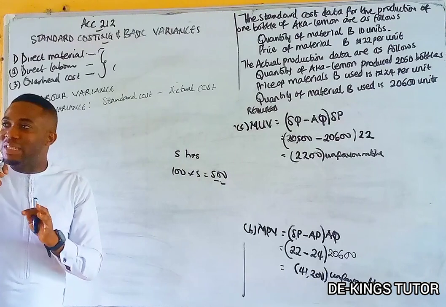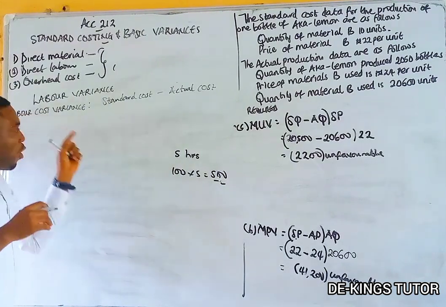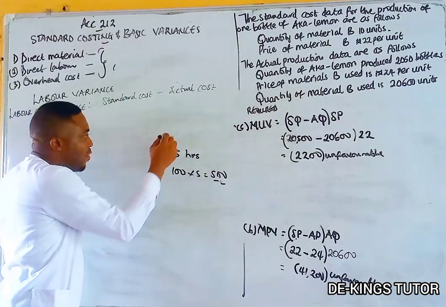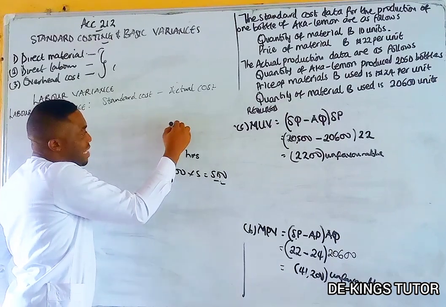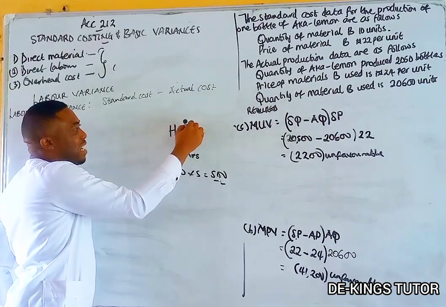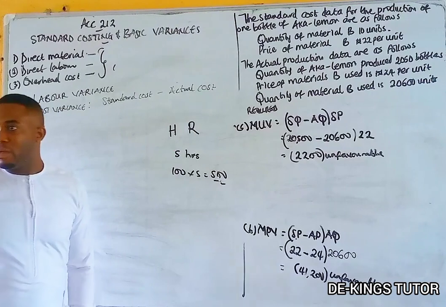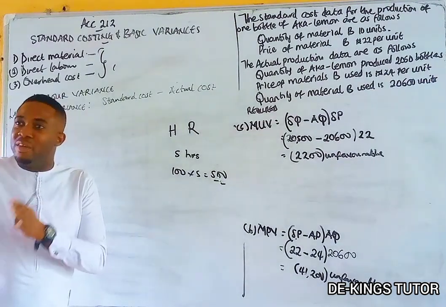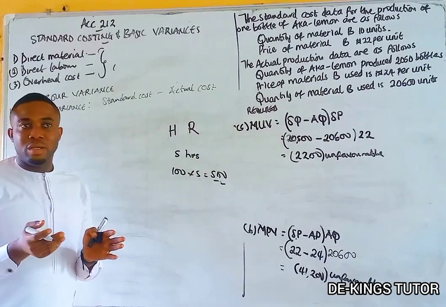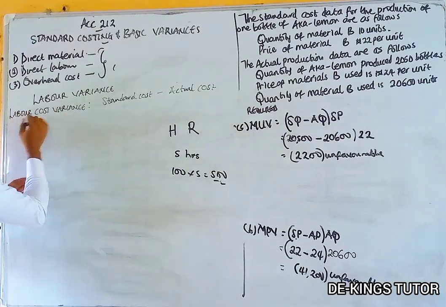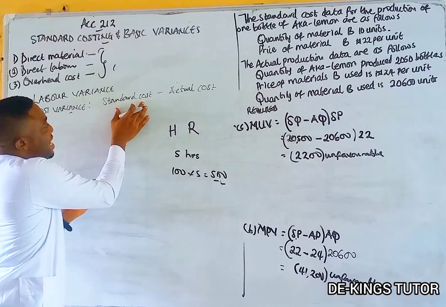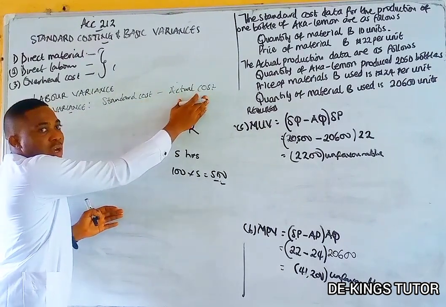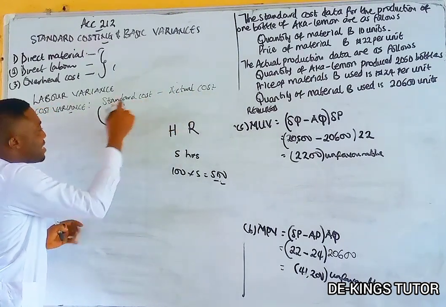So what I'm trying to say in essence is that labor comprises the hours, that's the time, and the rate. The time worked, and the rate you are paying for that time. So if we now relate it to the variance, which is standard minus actual, how do we get the standard cost?